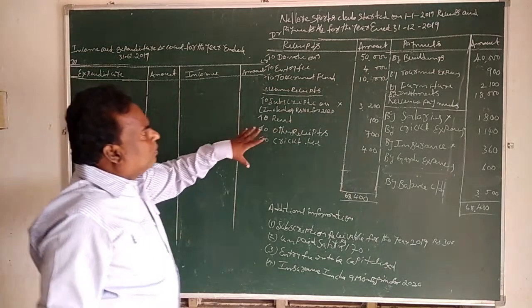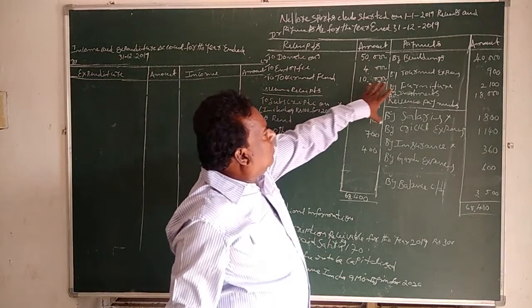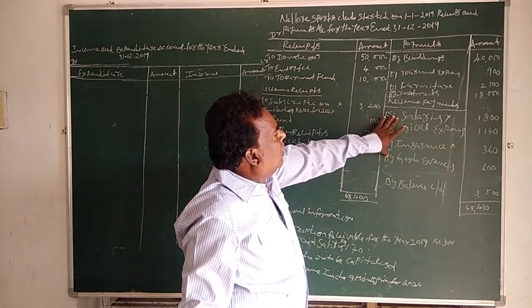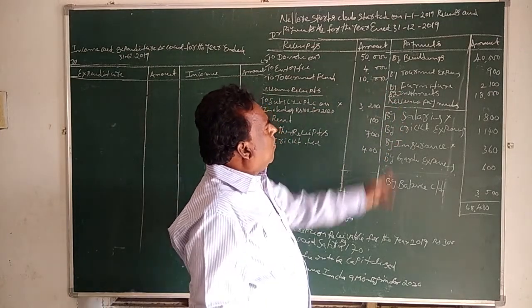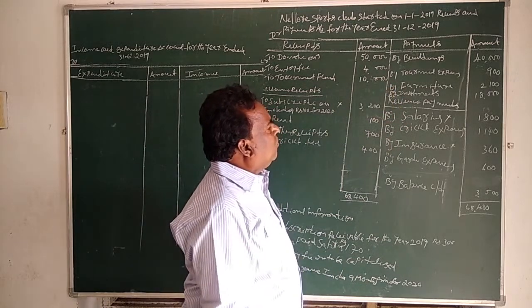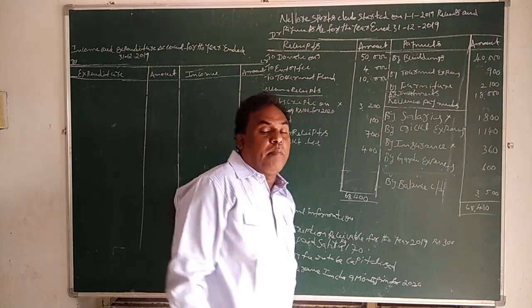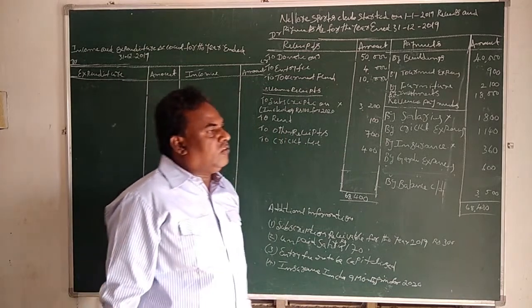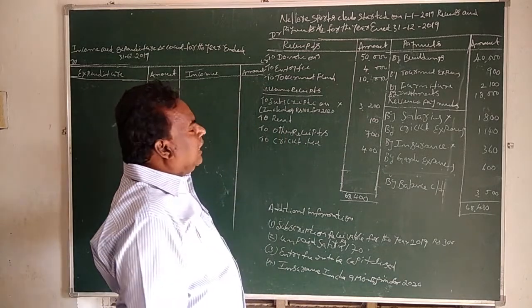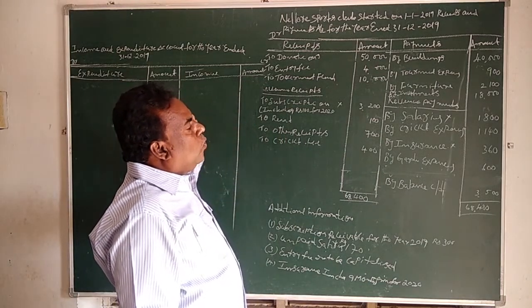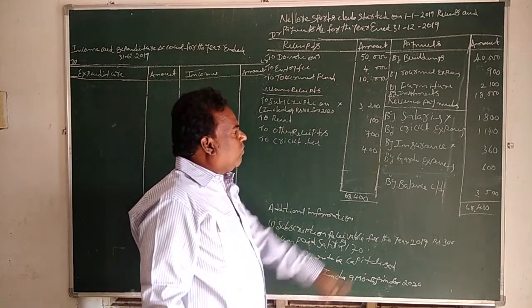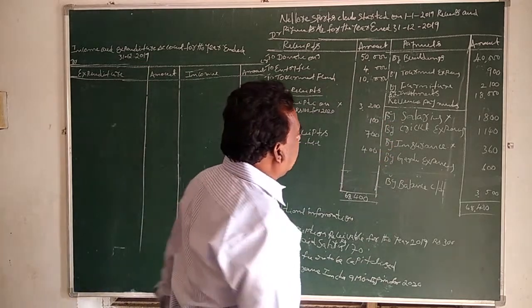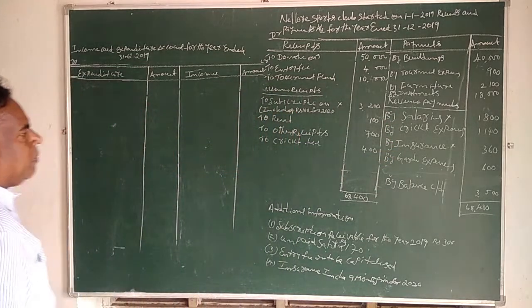Now, the revenue expenses are on the credit side of the receipts and payments account. Buildings, furniture and investments are capital expenditure, capital payments, not recorded in the income and expenditure account. Only revenue payments have been taken into consideration. First of all, in revenue payments, the first item is salaries.